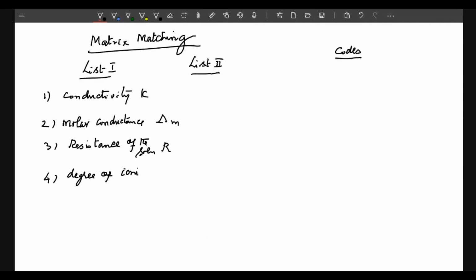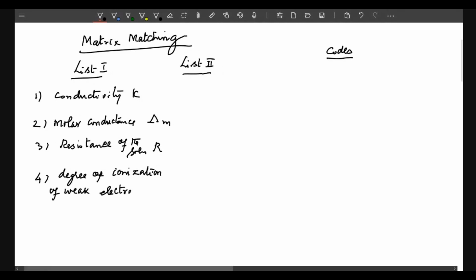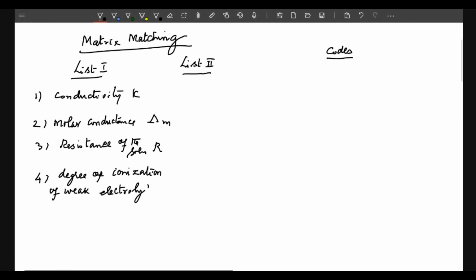This we have not studied so far. It is given in the Ostwald law, ionization of weak electrolyte. One of the applications of the Ostwald law is to determine the degree of ionization, alpha. Here I will give you the answer.